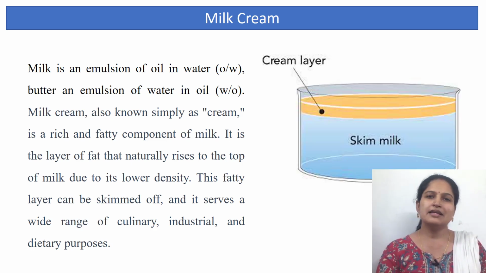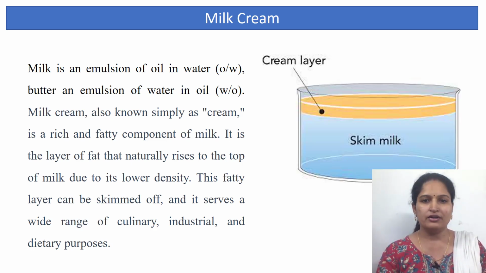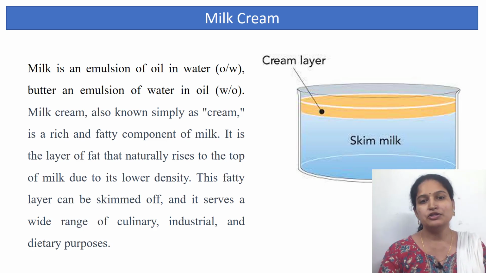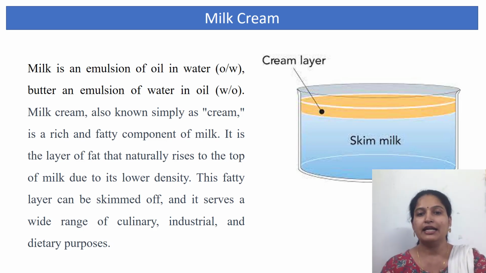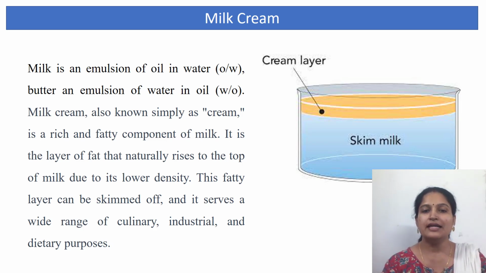So a cream is an emulsion of oil in water, and butter is an emulsion of water in oil. Milk cream, also known simply as cream, is a rich and fatty component of milk. It is the layer of fat that naturally rises to the top of milk due to its lower density.